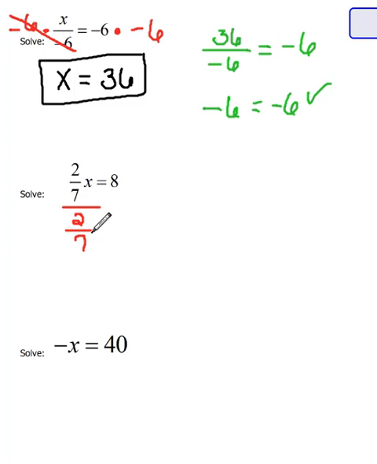But do we ever really divide fractions? Never. Instead, we multiply by the reciprocal. So instead of dividing by 2/7, we're actually going to multiply by 7/2. And we're going to do that to both sides, because 7/2 times 2/7 is 1.